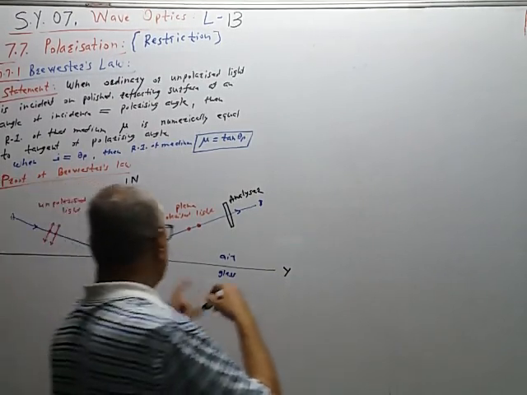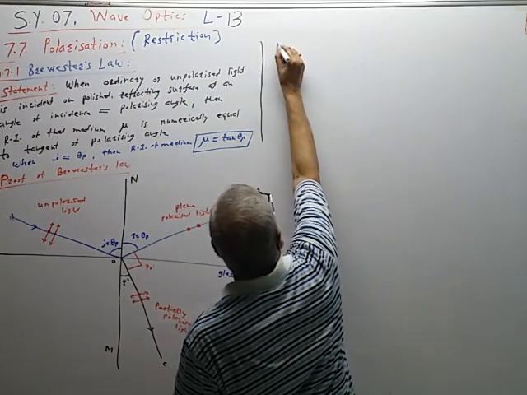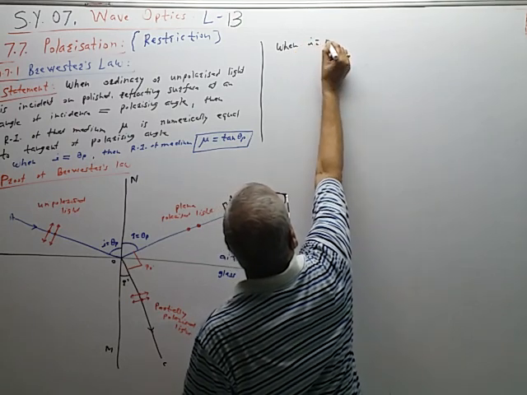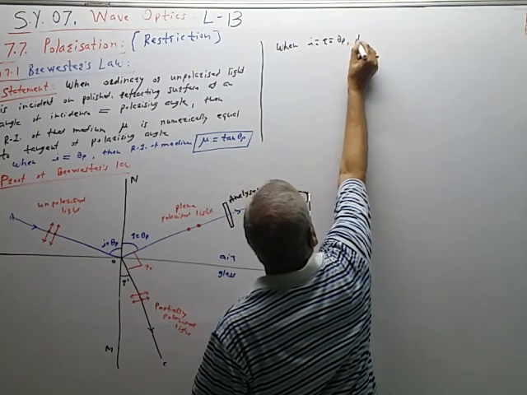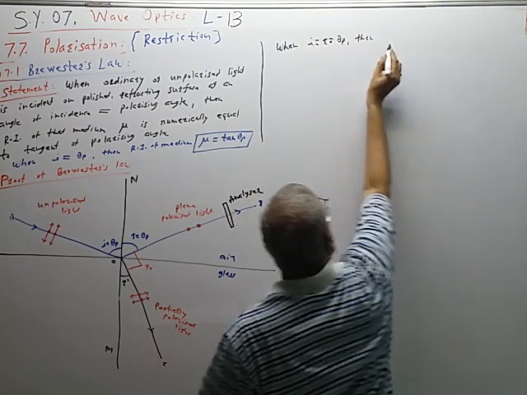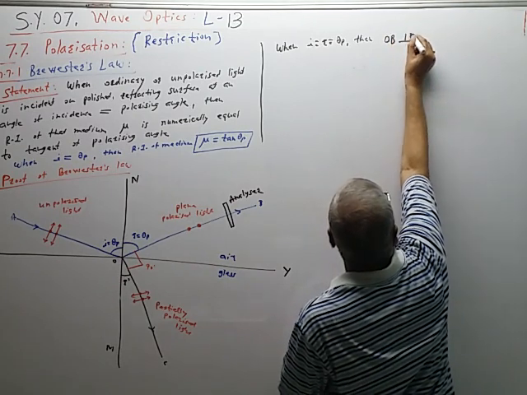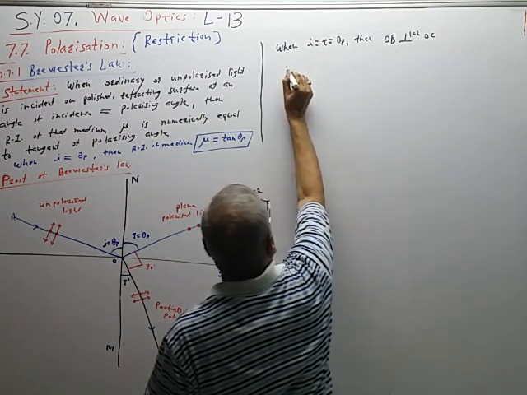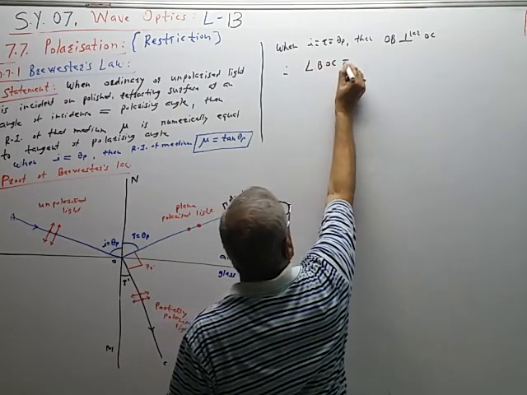So we will use this property. When I is equal to R is equal to theta P, then OB, reflected ray, is perpendicular to OC, therefore angle BOC is equal to 90 degree.